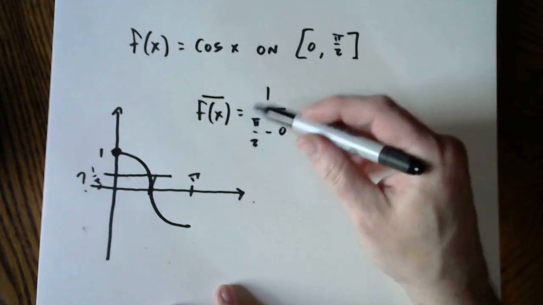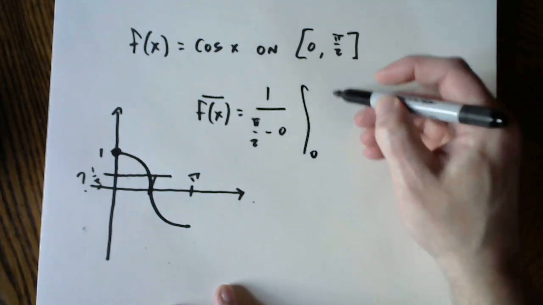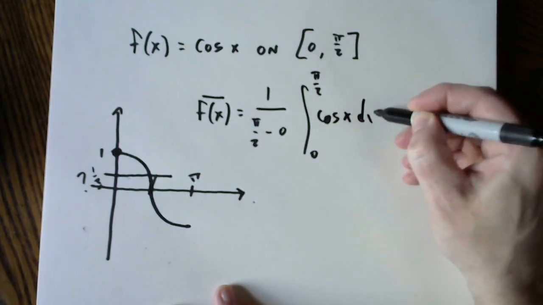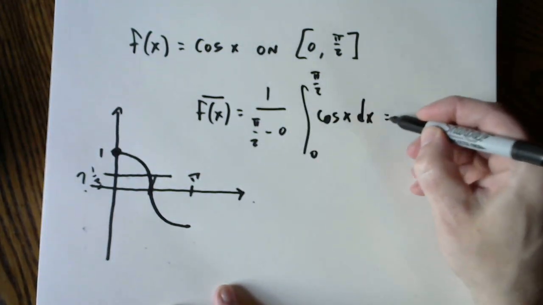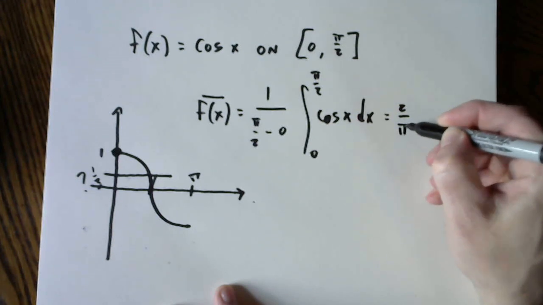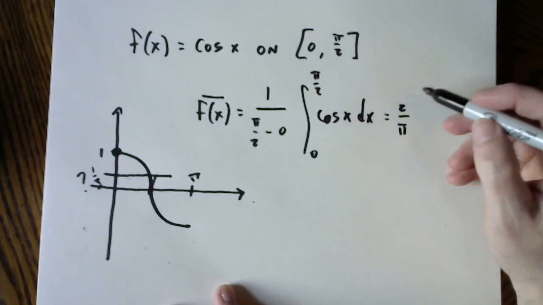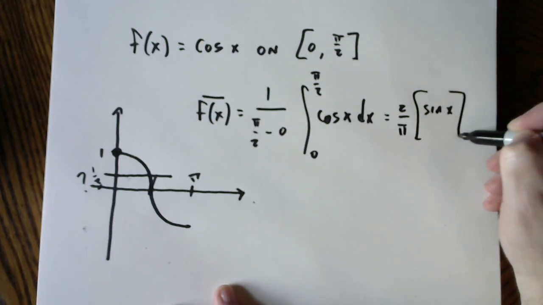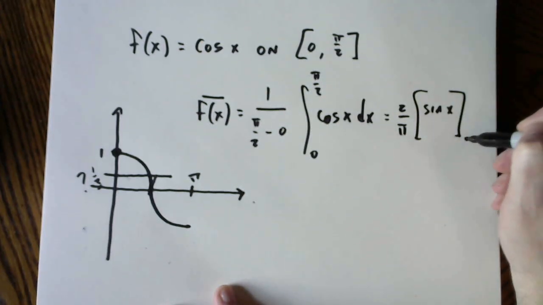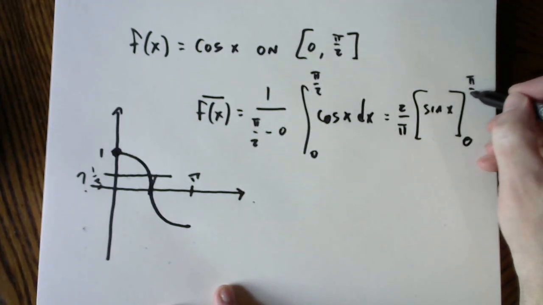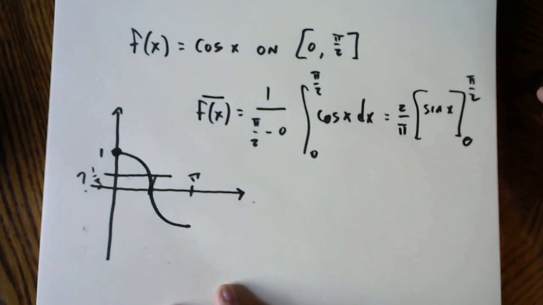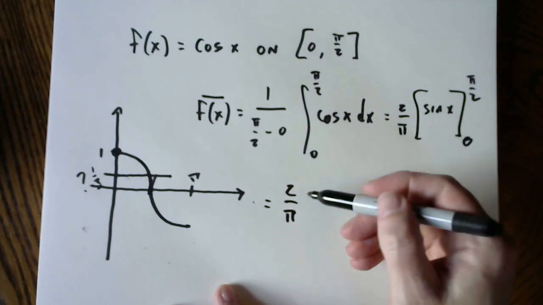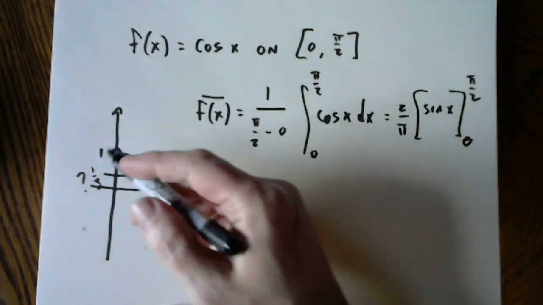So that'll end up as 2 over pi, so you can see where that's headed. So this will be 2 over pi. And my antiderivative here is sine, from 0 to pi over 2. So this will be 2 over pi, which is about, that's more like 2 thirds.